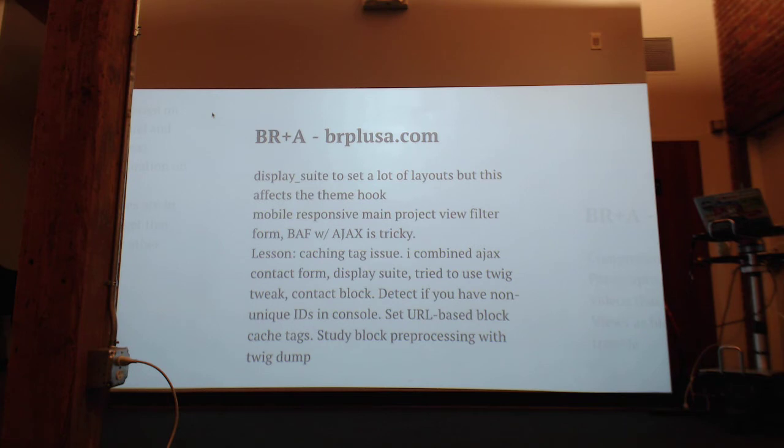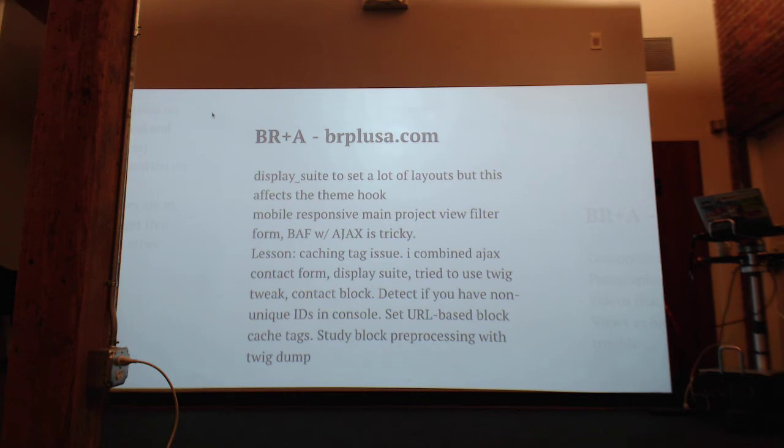if you have a search block, that will get processed as a block. And if you dump the pre-processed block function in your theme, you'll see that the block only gets pre-processed kind of erratically.